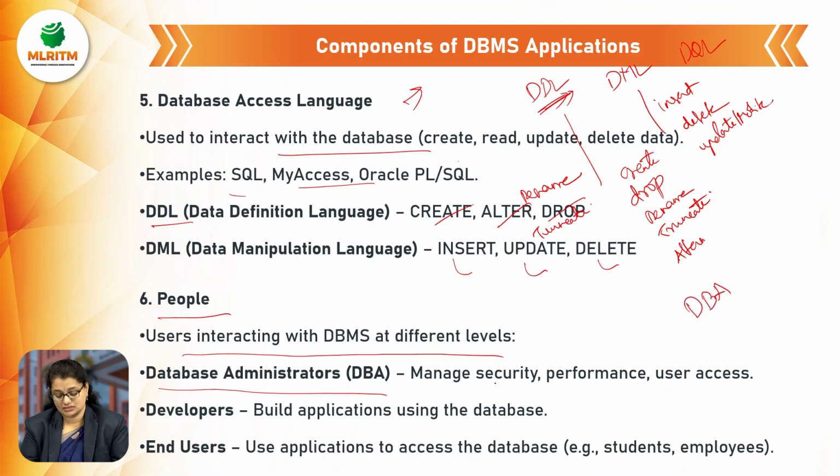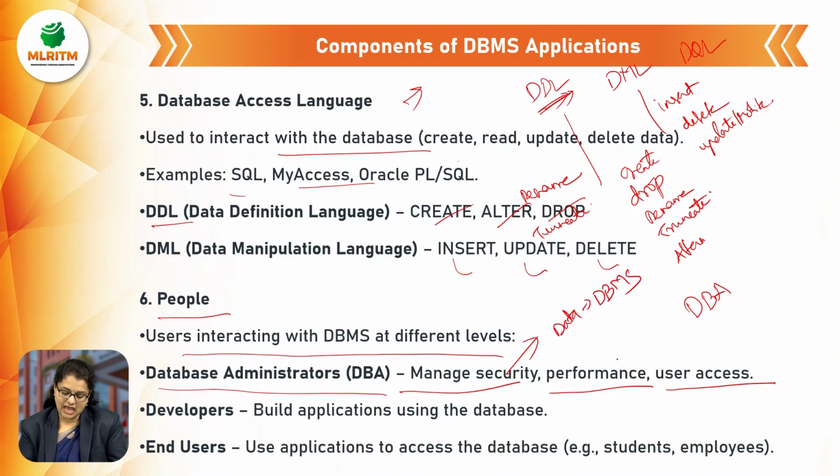He can manage the security and performance and user access. He can provide security to the entire data in the databases and DBMS, as well as performance, how fast or slow it is, whatever happens in the DBMS.